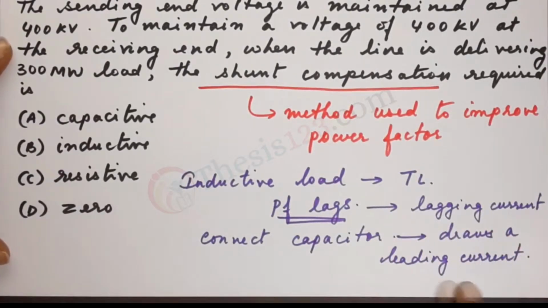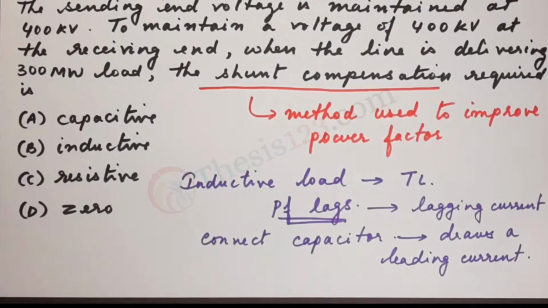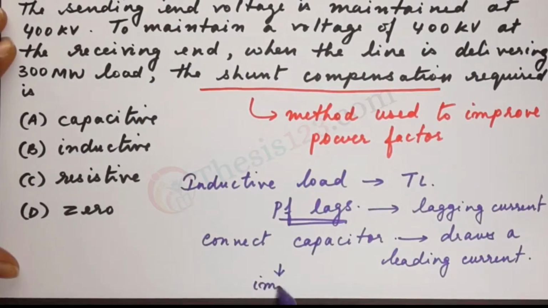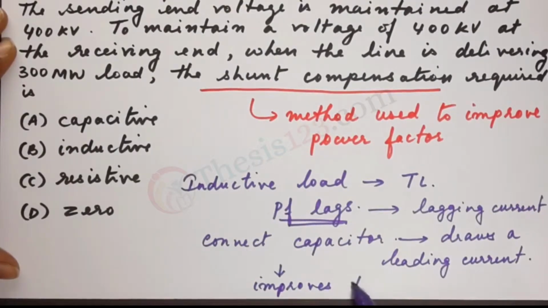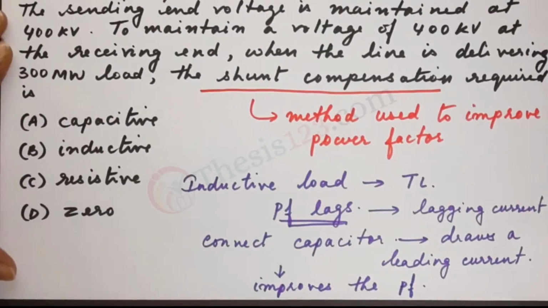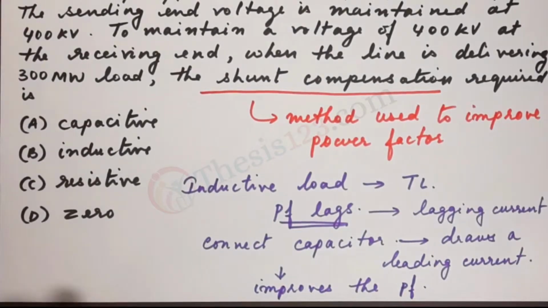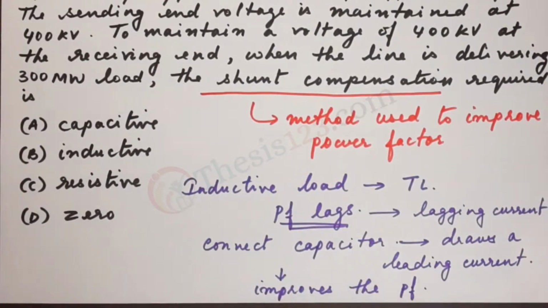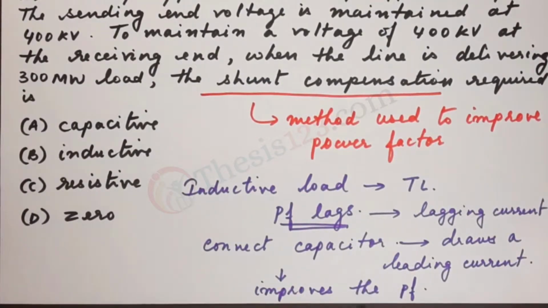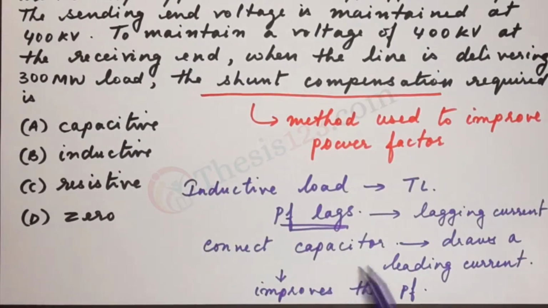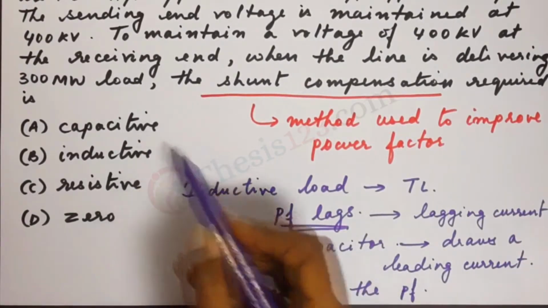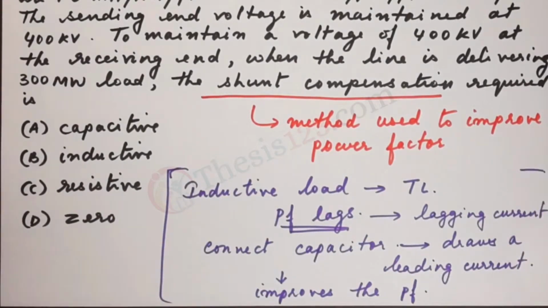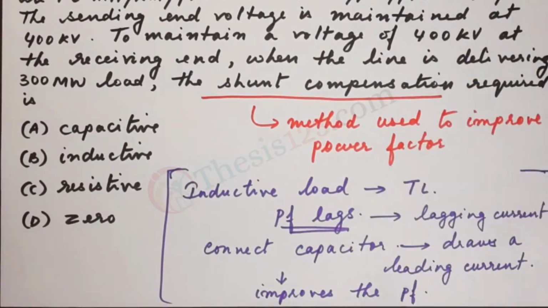So this compensates the entire system and hence improves the power factor. So this is an example of how the system works. If there was an inductive load, then by connecting a capacitor, we would improve the power factor. So here the shunt compensation is capacitive. Okay, it's an example.